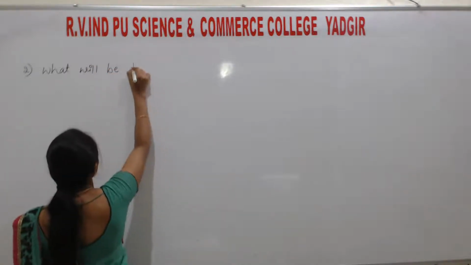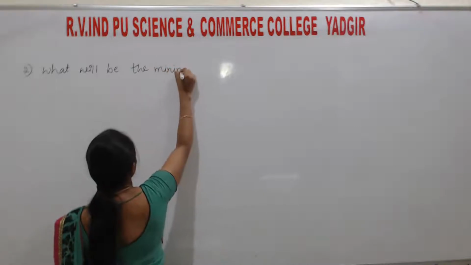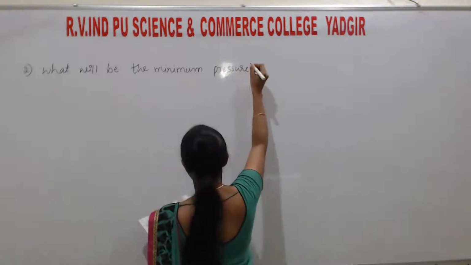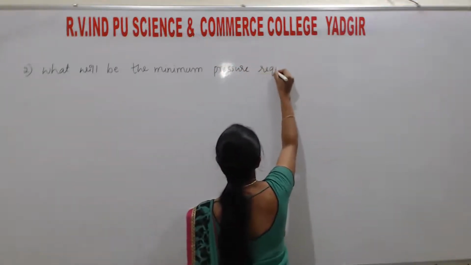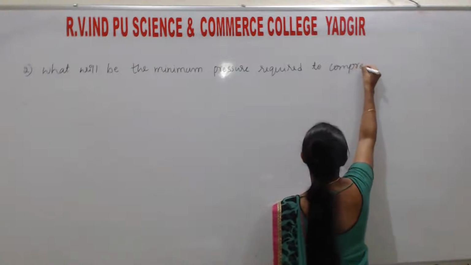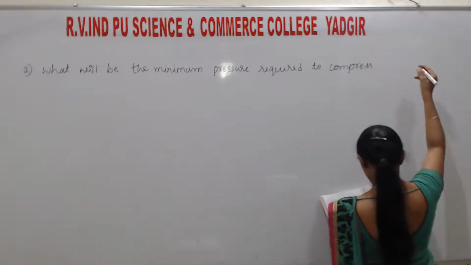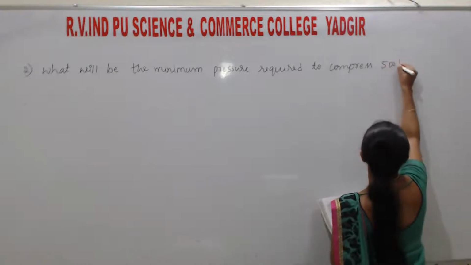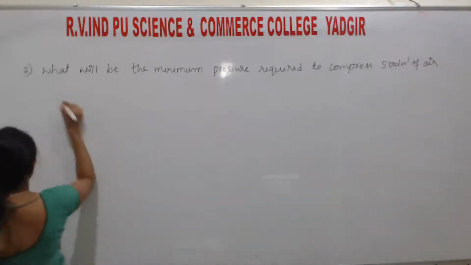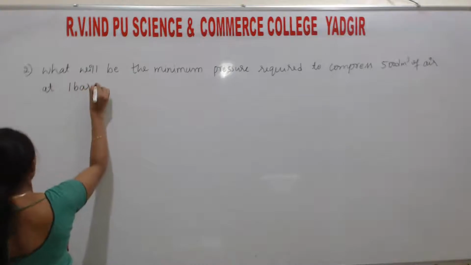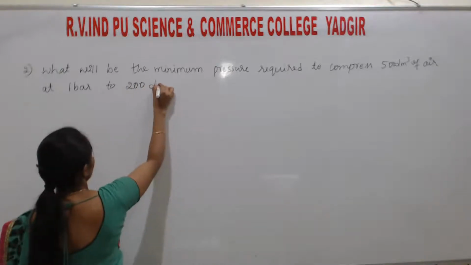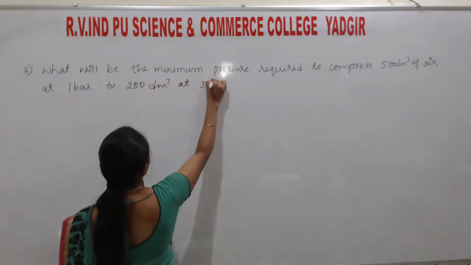What will be the minimum pressure required to compress 500 dm cube of air at 1 bar to 200 dm cube at 30 degrees Celsius.